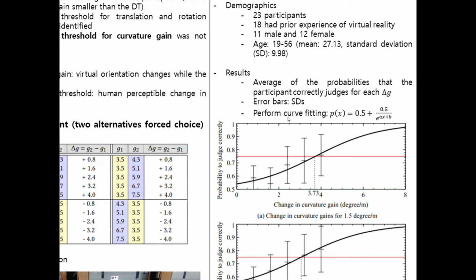As a result of this experiment, the probability to judge correctly according to the change in curvature gain could be obtained as follows. The error bars in the figure indicate the standard deviation. The results of curve fitting are these bold lines.